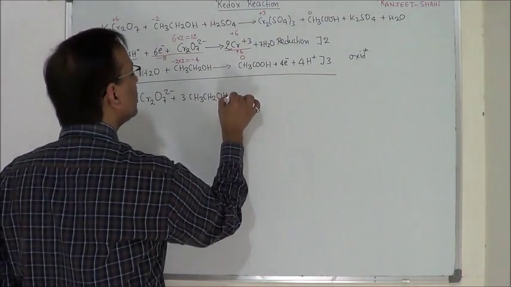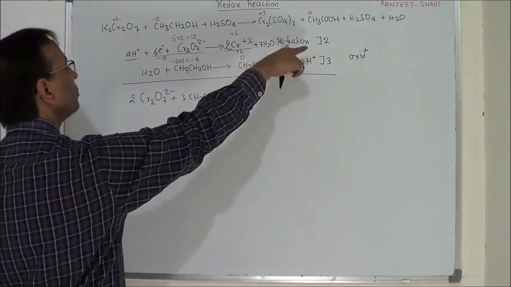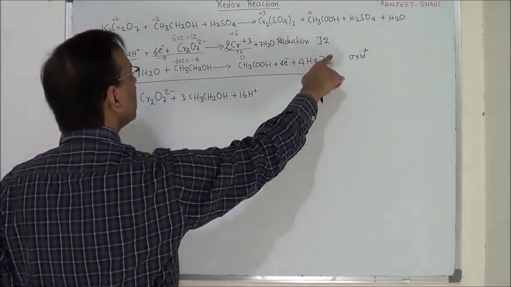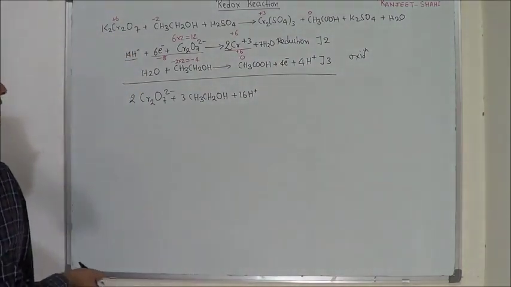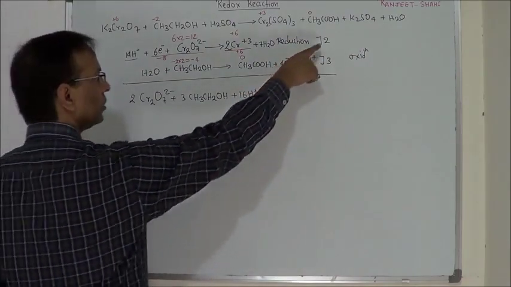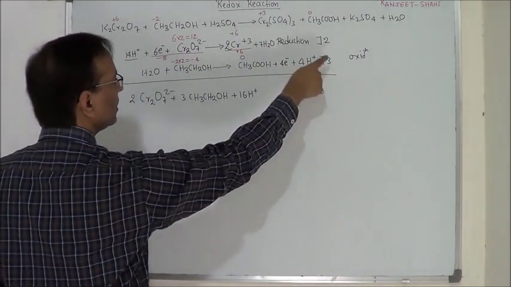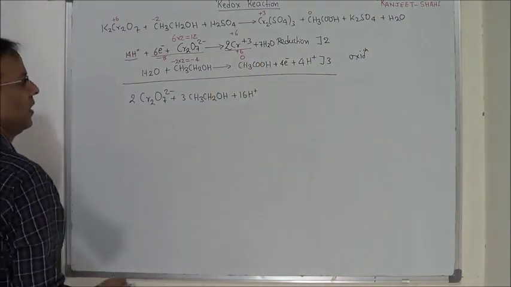So 16 hydrogen ion will be here. 14 into 2, 28, 4 into 3, 12. So 28 minus 12, 16 hydrogen ion. What about water? 2 into 7, 14, 3. So 9 water will be on the right side.